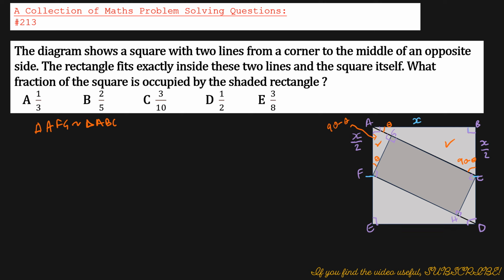So AB out of BC equals GF out of AG. Now AB out of BC we have said is half.